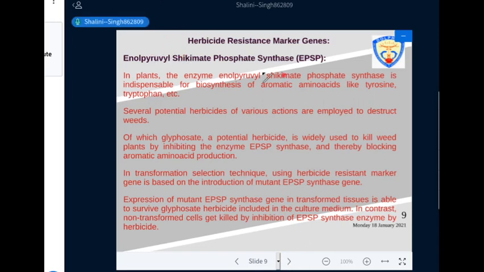Second category of selectable marker genes is the herbicide resistance marker gene. First is the enzyme enolpyruvylshikimate phosphate synthase (EPSPS).